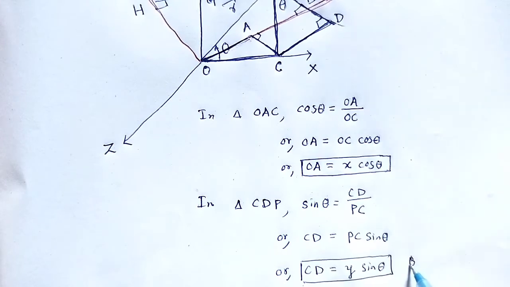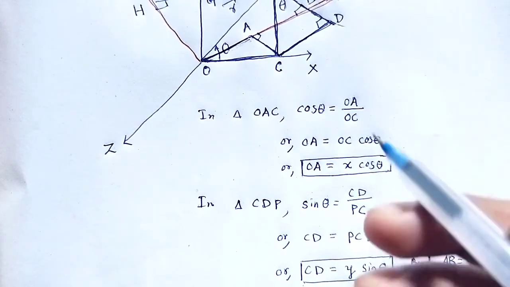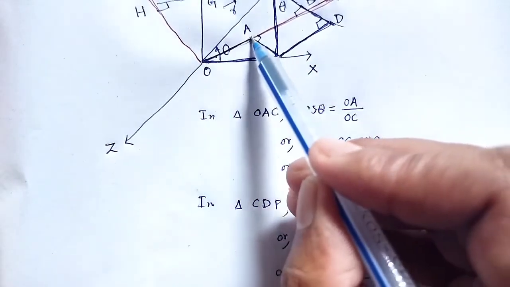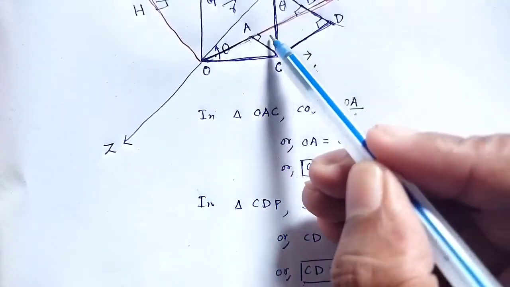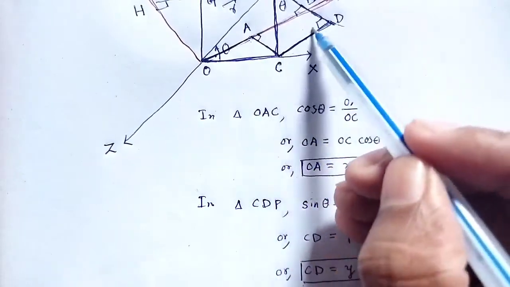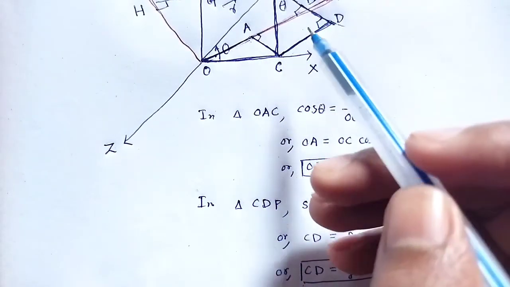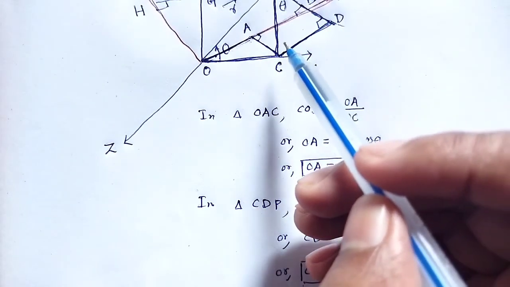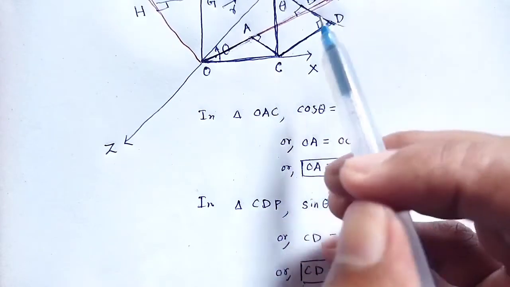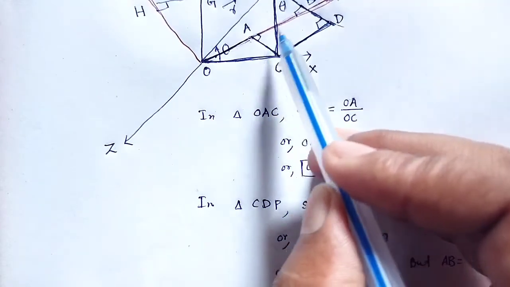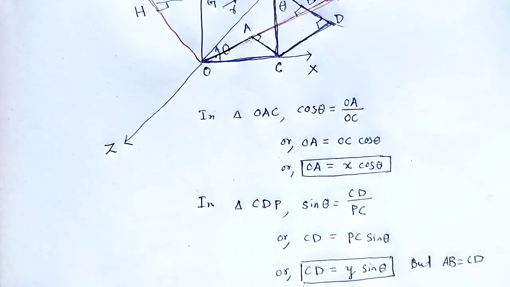But AB is equal to CD, see the figure. Since ABCD is a rectangle, the opposite sides of the rectangle are equal. That's why AB is equal to CD. In place of CD, I can write AB.